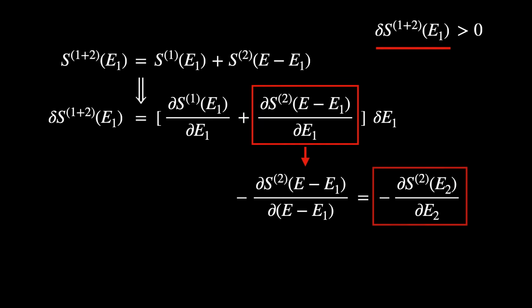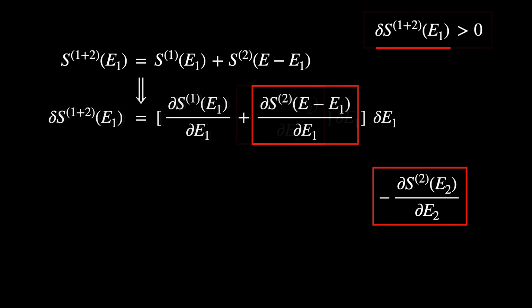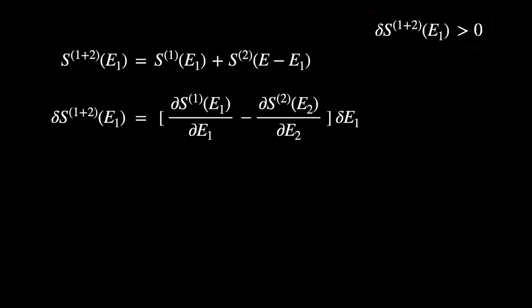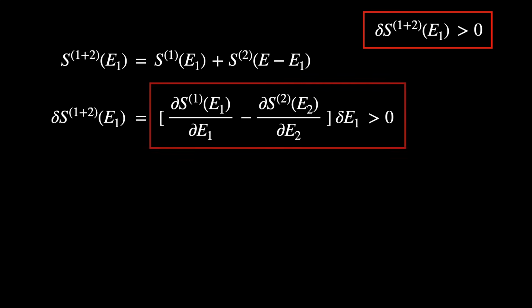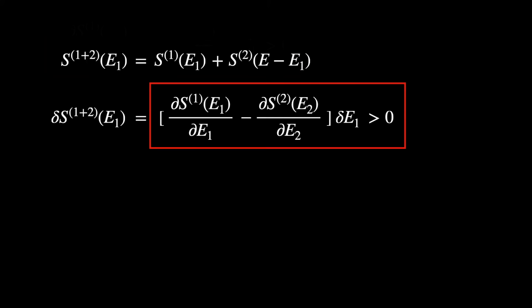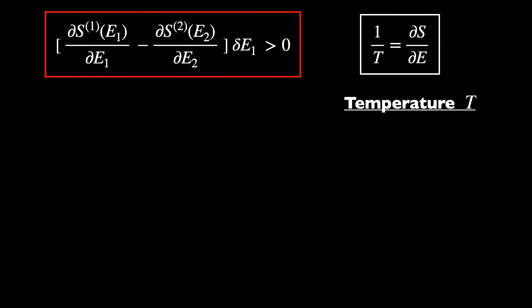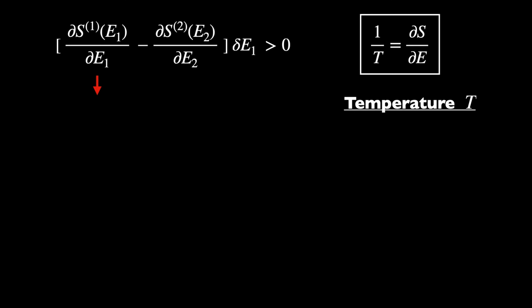Substituting this back, now we use the second law at the top. This inequality can now be put into a more useful form using our definition of temperature. These two terms are just the inverse of temperature of System 1 and System 2.